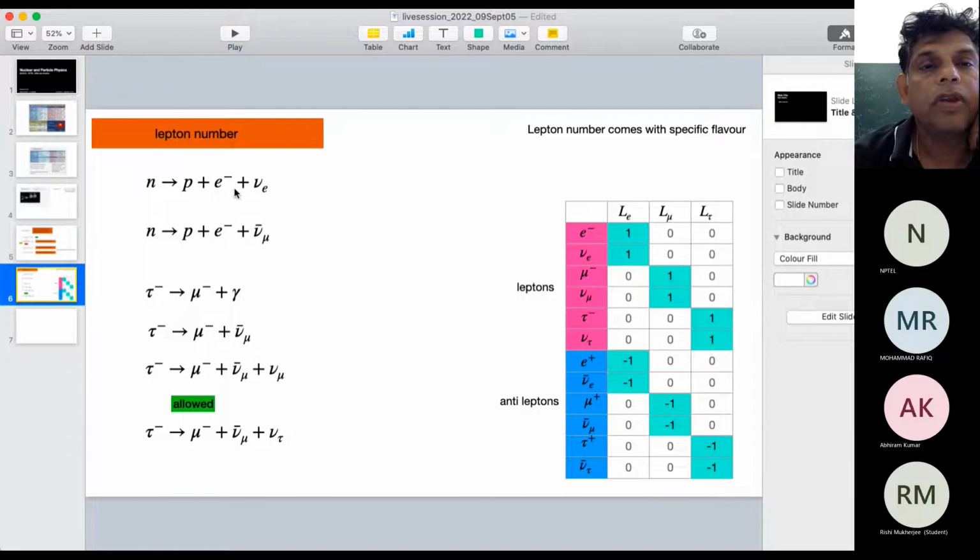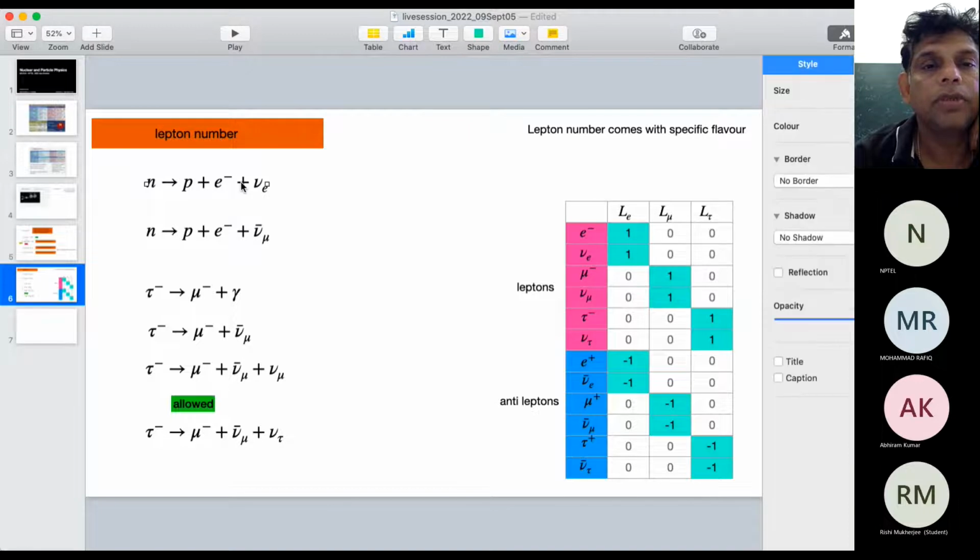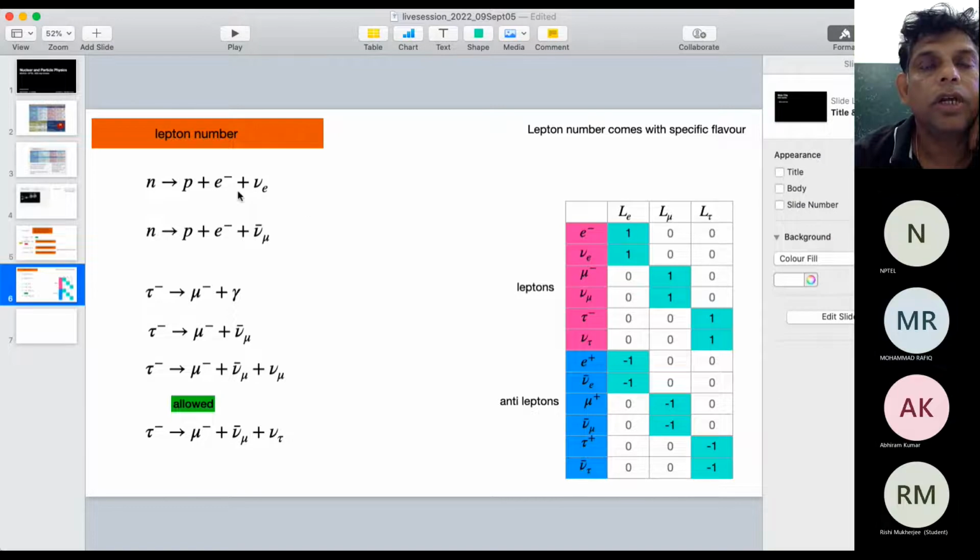Okay. So this is okay, but e minus with nu e is not allowed. The first one here is not allowed because electron and neutrino, you can see from the table, both have lepton number 1 and 1. Therefore, that is not allowed.